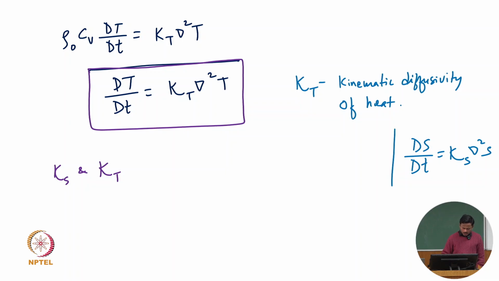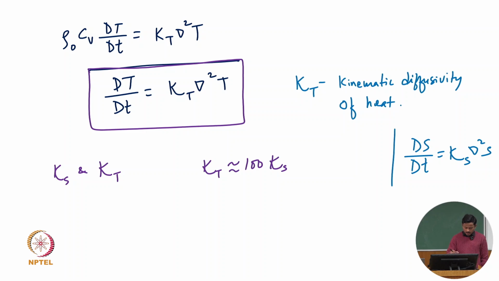So kappa S and kappa T are different from each other, and kappa T is approximately 100 times kappa S. So this gives rise to variable diffusion. If you have seawater, it has both temperature and salinity, and they have their own diffusivities, given by kappa S and kappa T, and they diffuse differently.